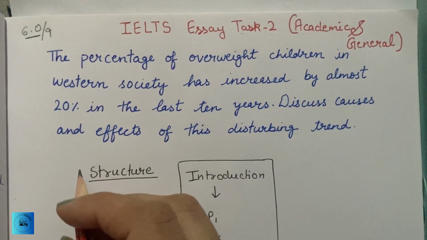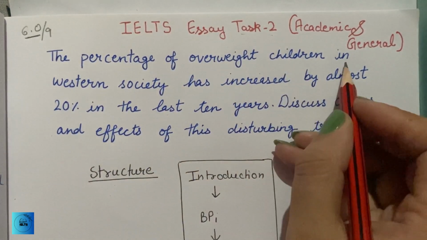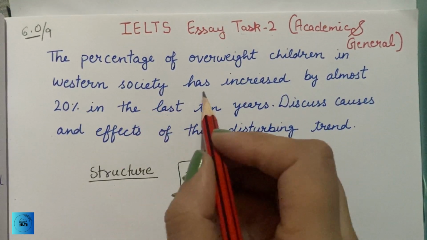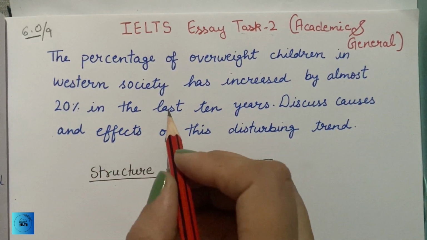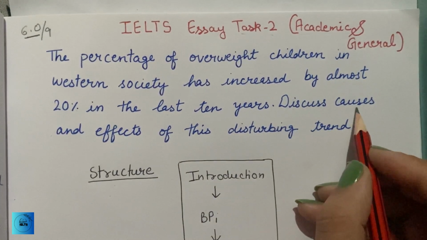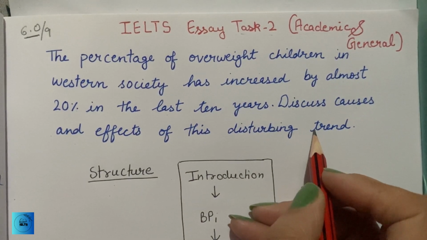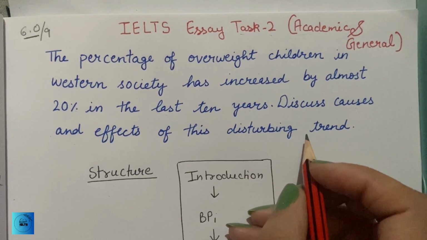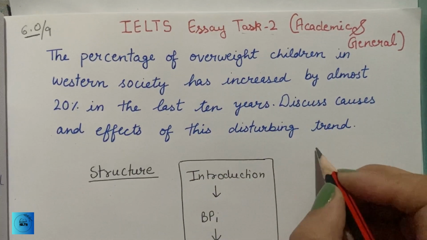The statement says the percentage of overweight children in Western society has increased by almost 20% in the last 10 years. So the question is, discuss causes and effects of this disturbing trend. So we know that in task 2 statements, there are always 2 types of statement.